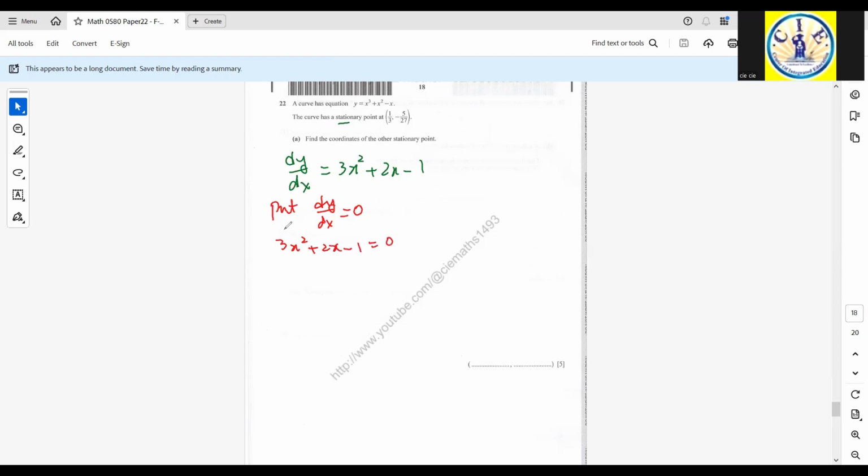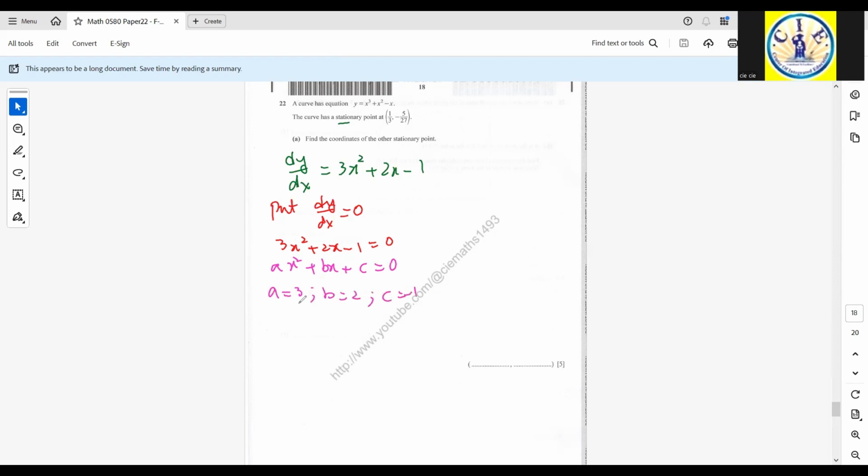Now it is a quadratic equation, and I need to apply the quadratic formula here. Comparing it with ax squared plus bx plus c is equal to 0, we get that the value of a is 3, b is 2, and c is -1.